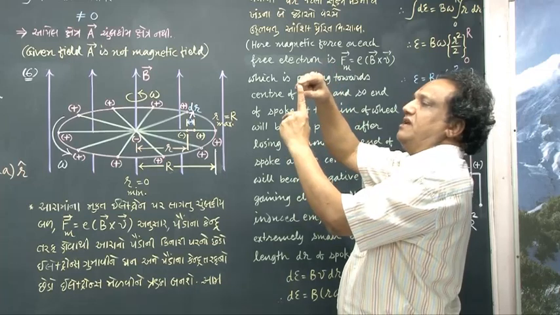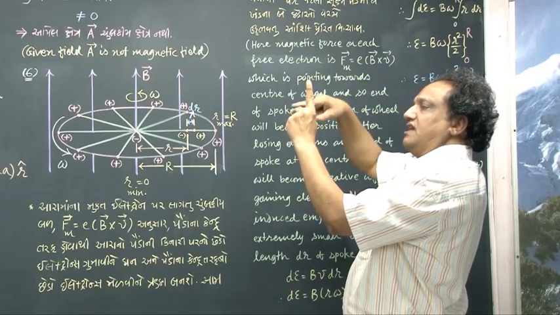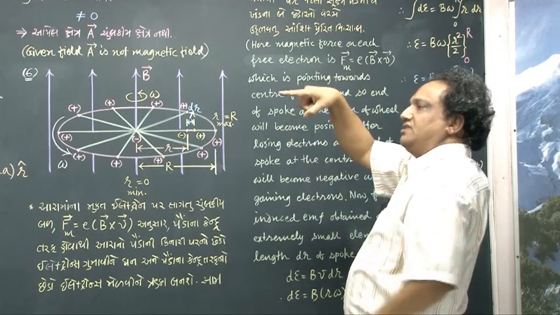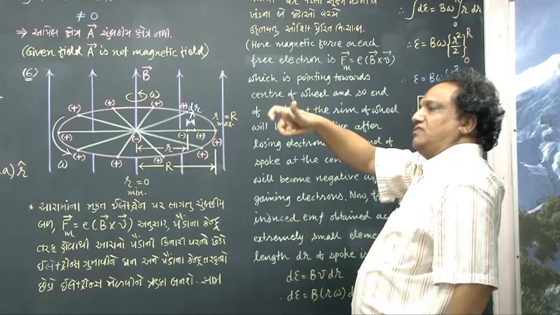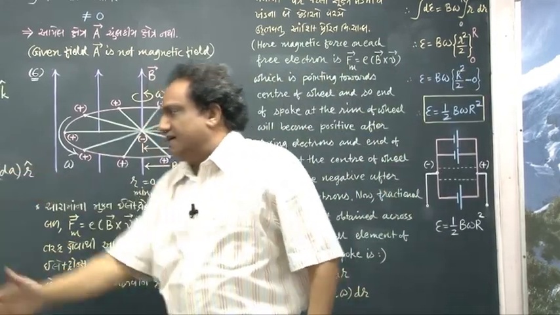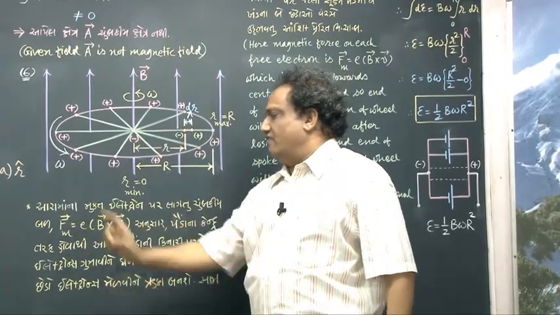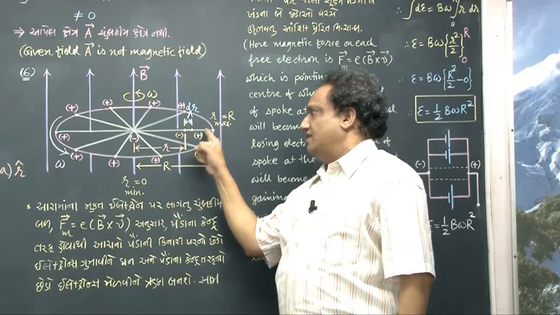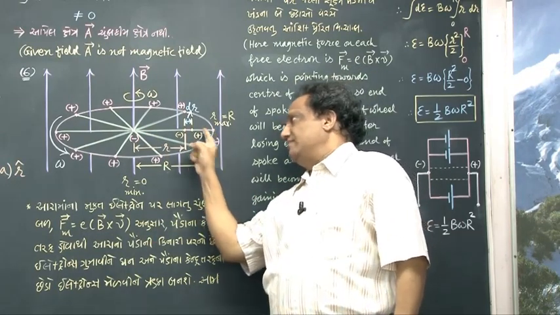First vector is vector B, second vector is vector V. I should rotate the first vector towards the second vector this way, and in the same way I should rotate this right-handed screw. If this screw is rotated this way, then it will advance towards the left side this way. Correct?